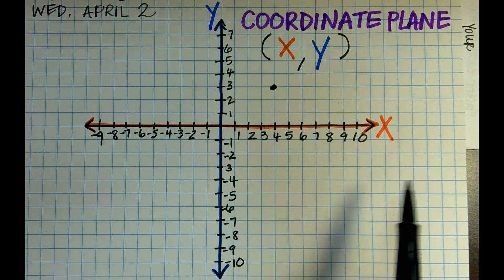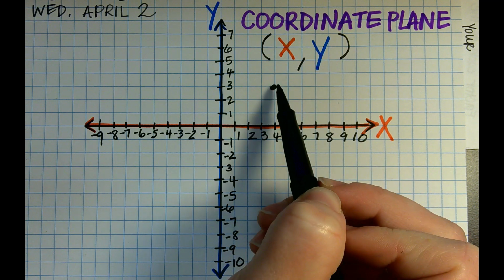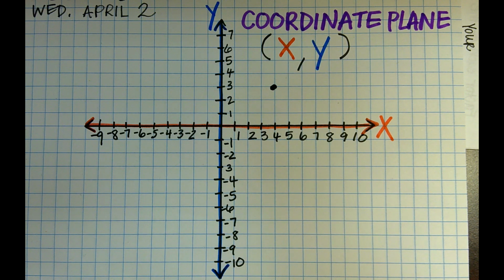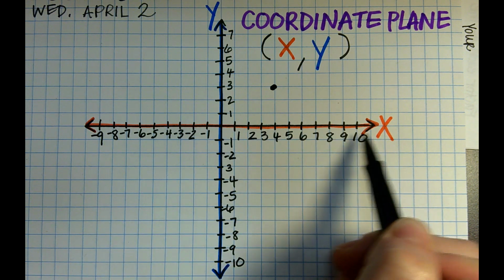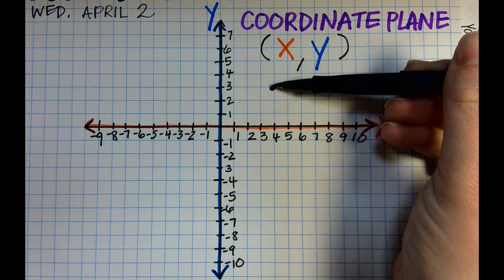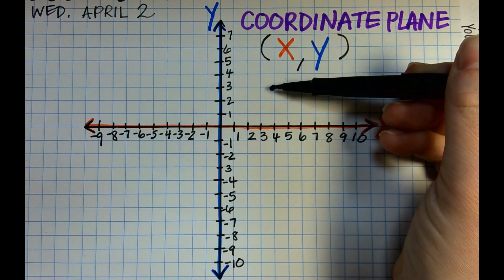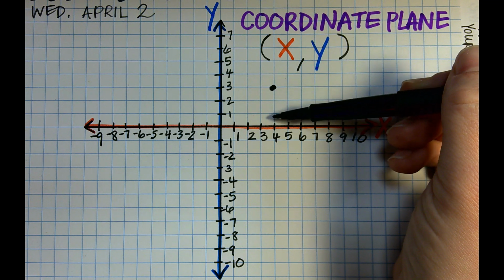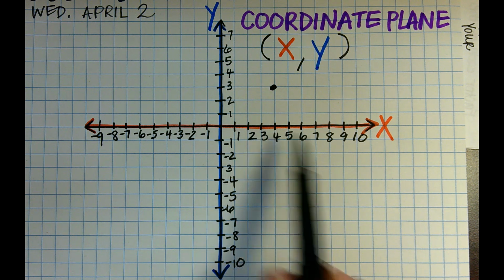What this means is we first want to see where this point lines up with the x-axis, being the red line. So if I am here, what number do I land on when I follow the blue line all the way down to the x-axis?